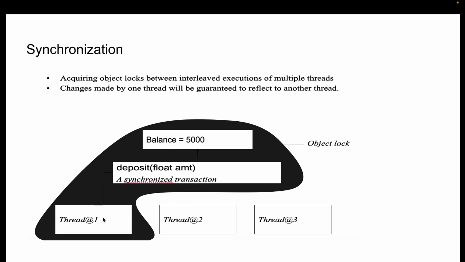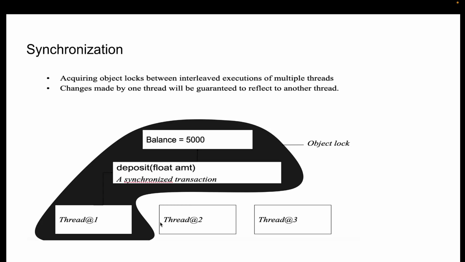Now let's say thread 2 acquires the object and tries to perform the operation. Thread 2 will basically see the updated amount, $6,000. It again makes a deposit. The amount gets updated to 7,000, and thread 2's job is done.